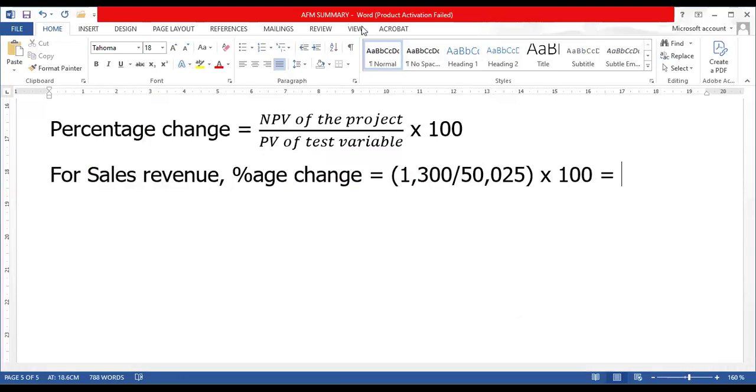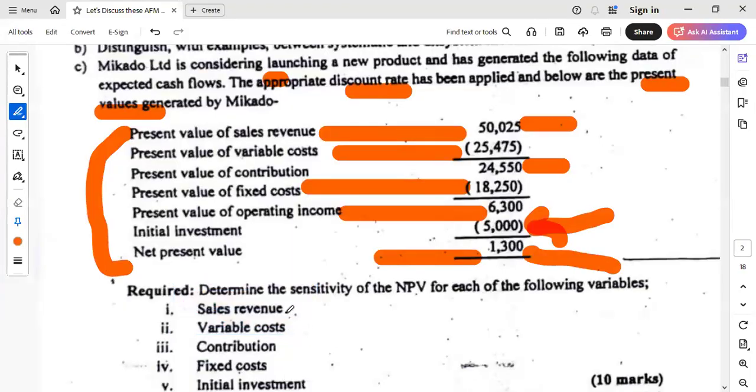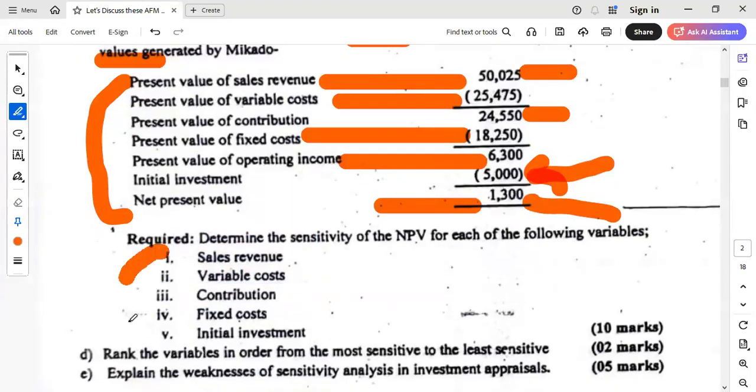I have a question. What do you depend on to know that that is the test variable? You depend on what the examiner has told you. Like now, for our parts, all these ones are test variables.